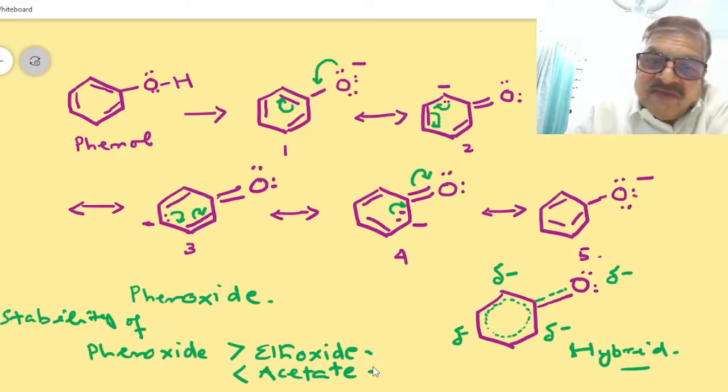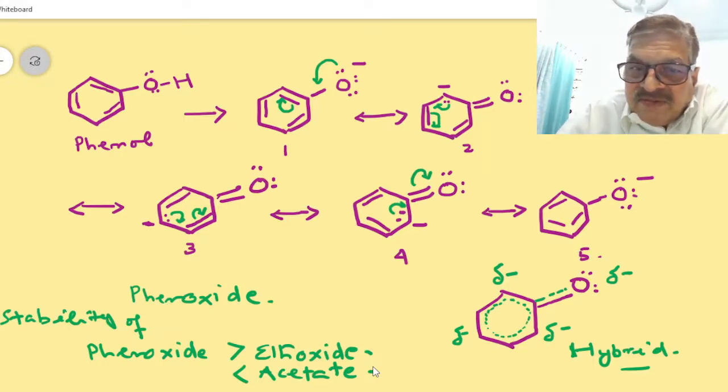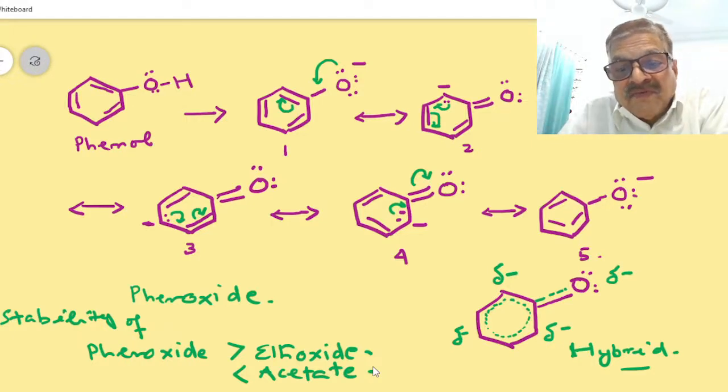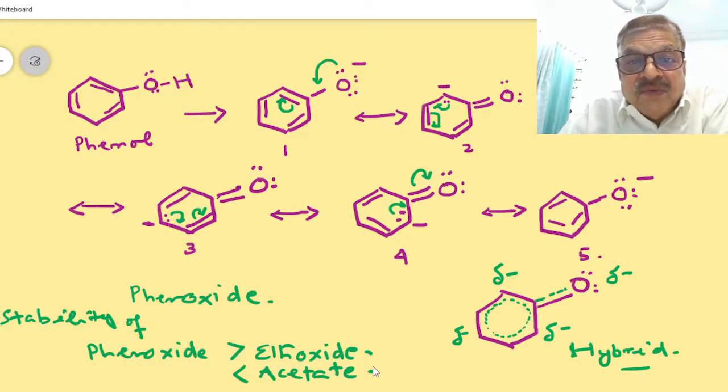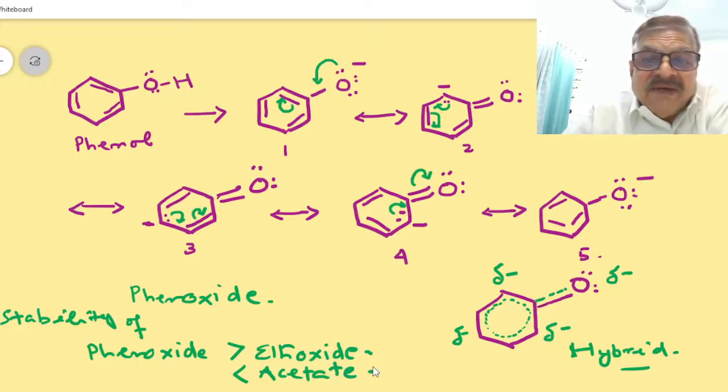Now in the case of phenoxide, there are 2 other points which we have to see. If you examine the structures 1, 2, 3, 4, 5, we can see in structures 2, 3 and 4 there is a negative charge over the carbon atoms. This is less stable, because carbon is a less electronegative atom.